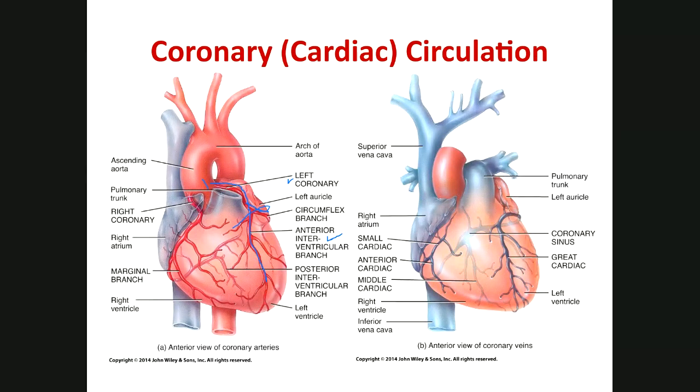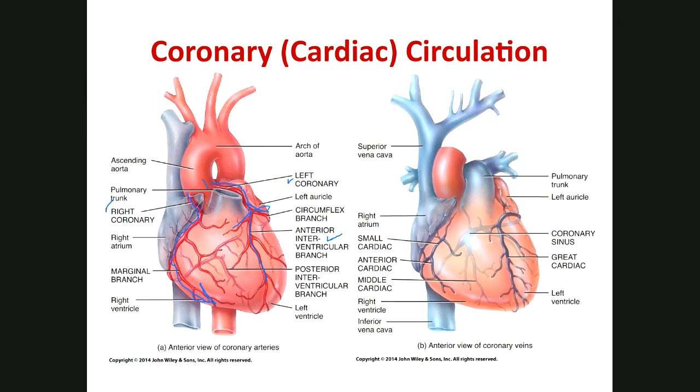The right coronary artery, we have it right here, coming off of the ascending aorta, is going to travel to the right. Then it's going to get to the side of the heart, and it's going to become the right marginal branch, supplying the right ventricle wall.